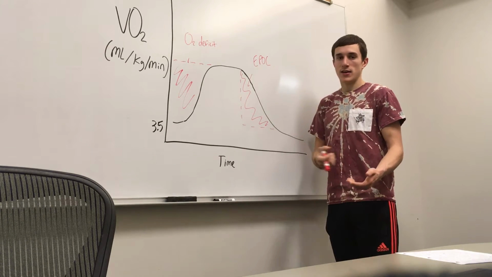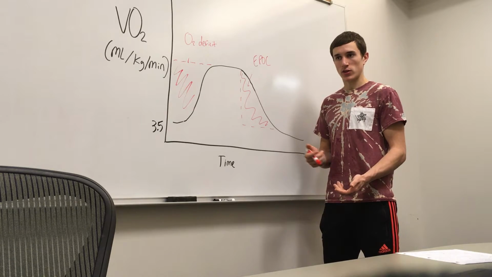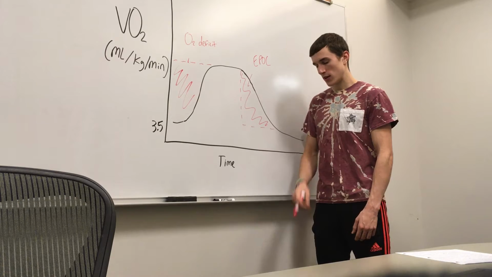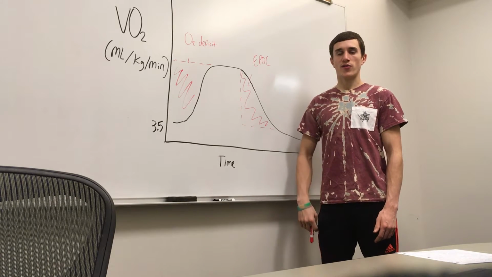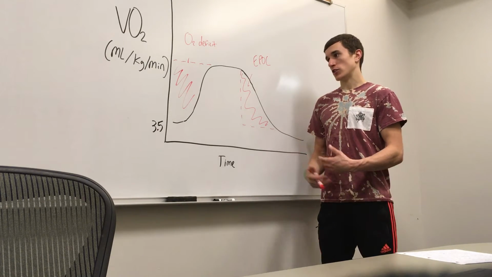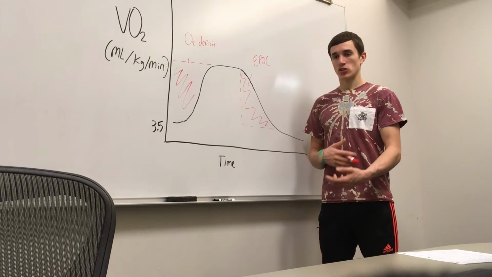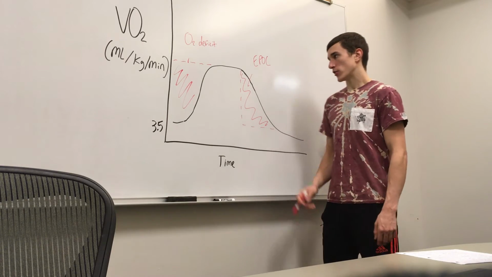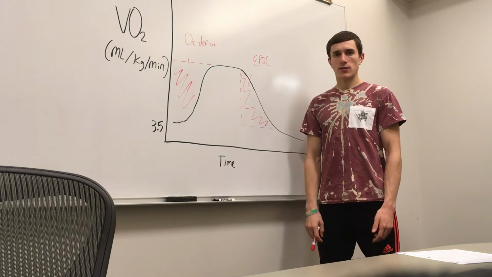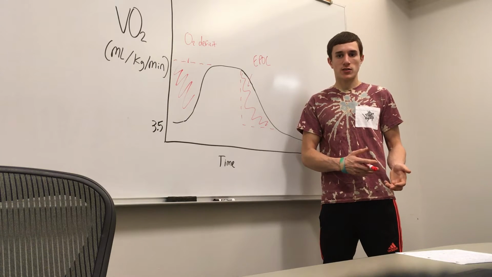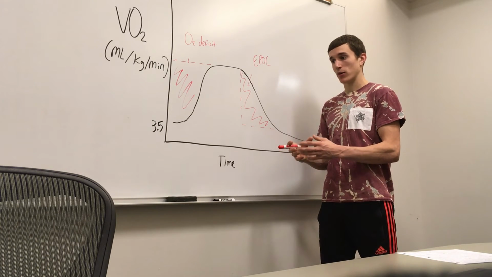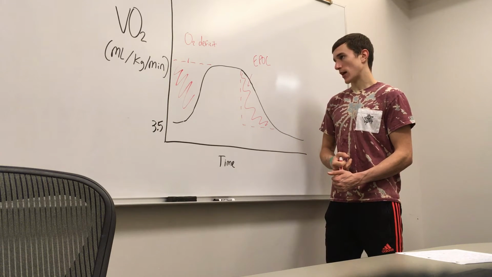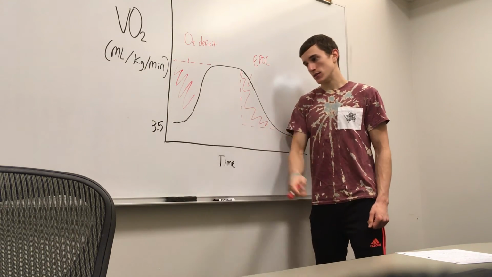The idea is to increase the amount of fat that you burn, and by increasing this, you increase the amount of oxygen that you're taking in, and the amount of oxygen you take in has a relationship with the amount of calories you're burning. So the goal is to increase this. It is like minimizing the amount of time that you're exercising by doing very high intensity bouts of exercise in intervals. So that's that.